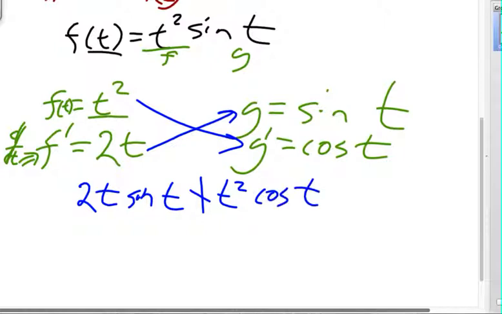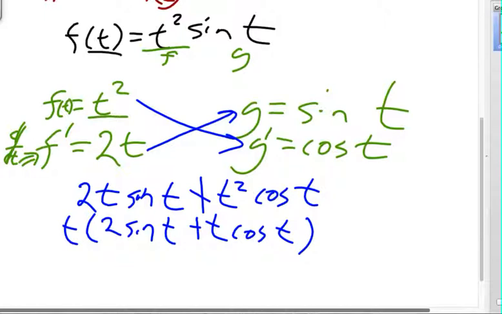And I'll go ahead and factor a t out. So I'm going to have t times 2 sine of t plus t cosine of t. And that is your derivative with respect to t. See, now that wasn't so bad. All right.